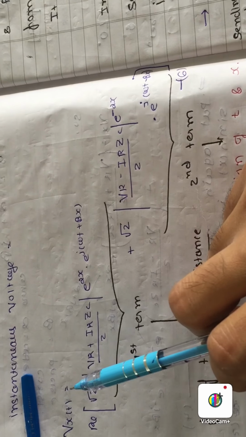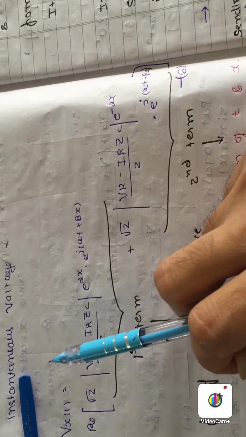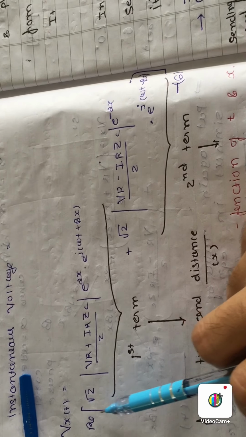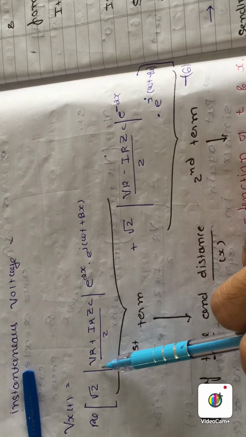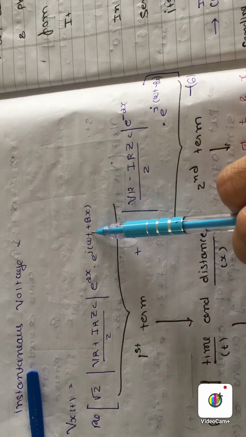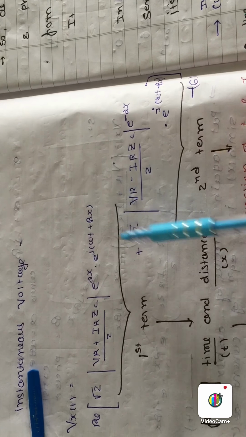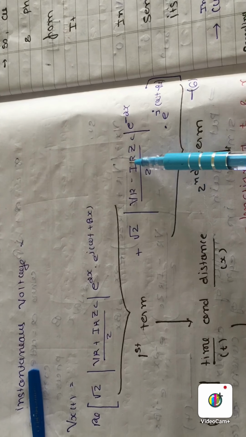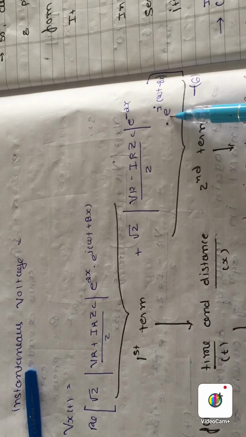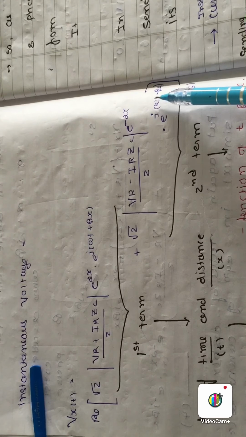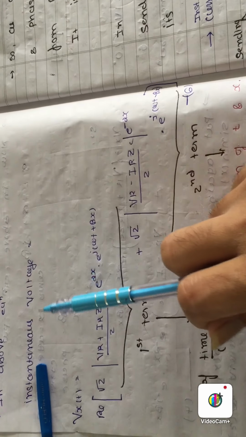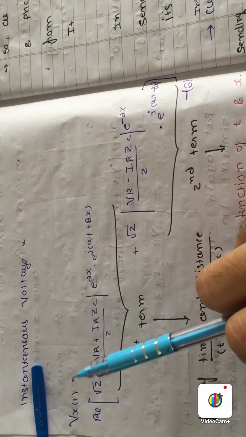If you like to find the instantaneous voltage from the previous voltage equation, then it will be like this: real part of root 2 times (Vr plus Ir Zc) by 2, e raised to alpha x into e raised to j omega t plus beta x, plus root 2 times (Vr minus Ir Zc) by 2, e raised to minus alpha x into e raised to j omega t minus beta x. Okay, so this is the equation for instantaneous voltage, which is derived from the previous voltage equation.